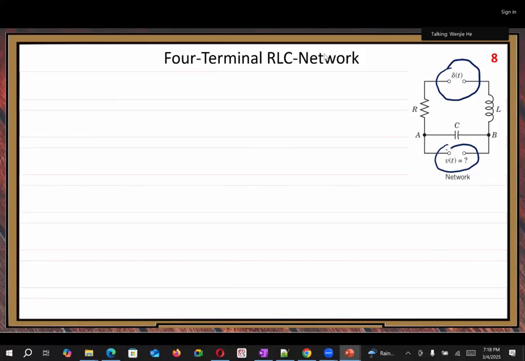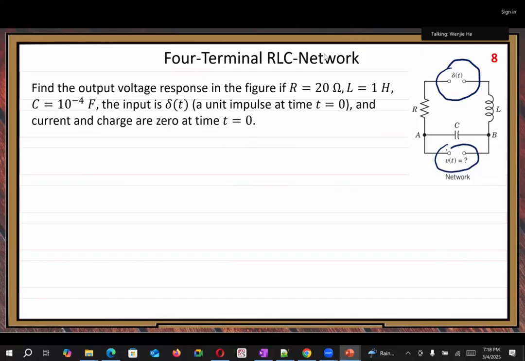Then the R, L, C are all given. Then we need to establish equations.